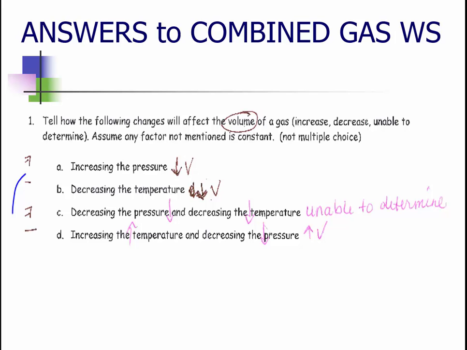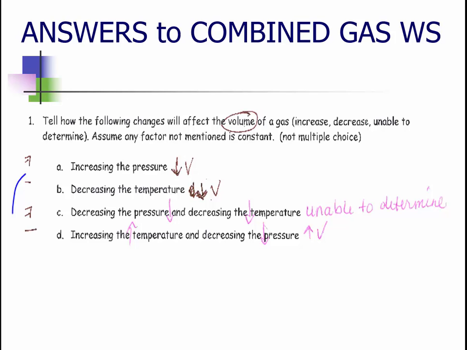The first question on the combined gas law worksheet is asking you to see how volume is affected based on the factors that are mentioned. If you increase the pressure, the volume should decrease. That's Boyle's law. If you decrease the temperature, the volume should decrease. Charles's law. But if you decrease pressure, the volume should go up, and if you decrease the temperature, the volume should go down.